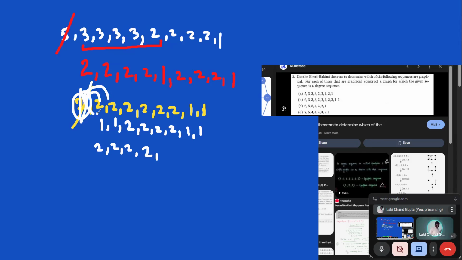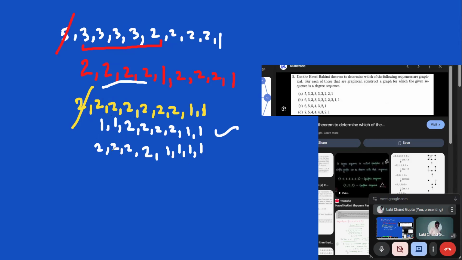When you remove this, one is subtracted from these two only. After this, you arrange in descending order. One extra 2, so here 6 twos.